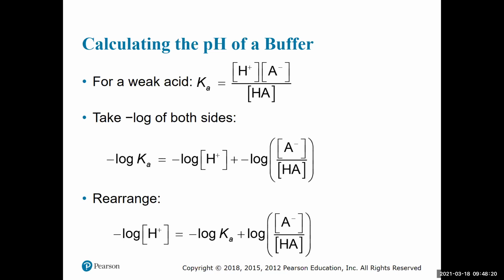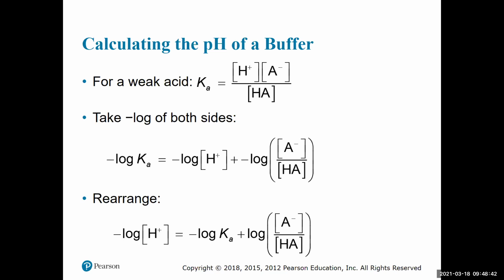What's minus the log? Anybody remember what that means? What's another way of saying minus the log? It's P, right? So minus the log of the hydrogen ion concentration, that's pH. Minus the log of Ka, that's pKa. And then plus log of the ratio of those concentrations.